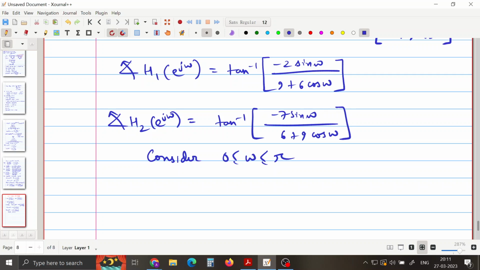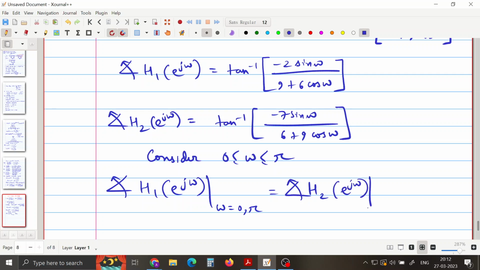And similarly for pi also, both of them vanish, becoming 0. So I can say that if this is evaluated at omega equals 0 or pi, it is the same as for the second system, the phase evaluated at omega equals 0 or pi, and it is nothing but 0.